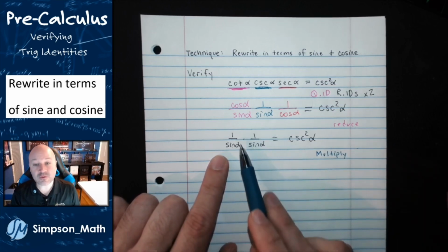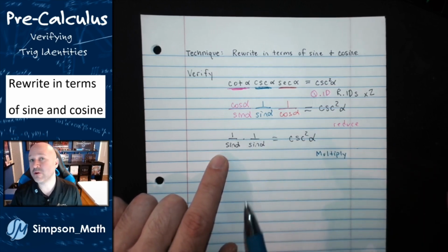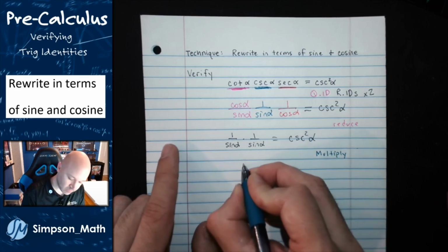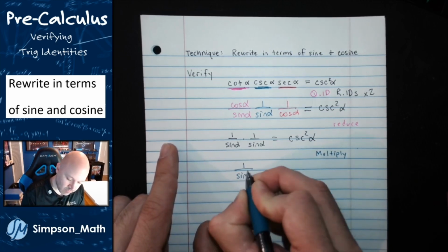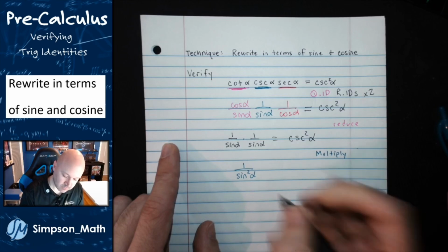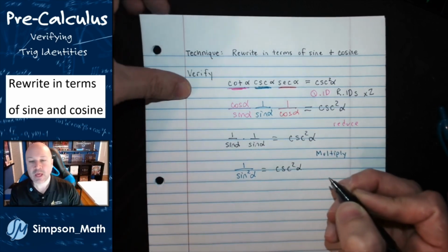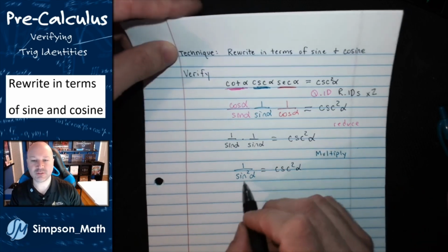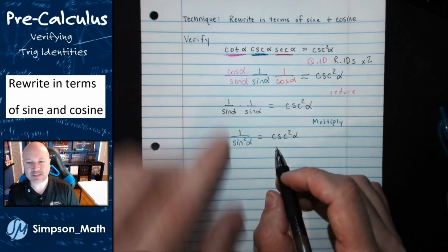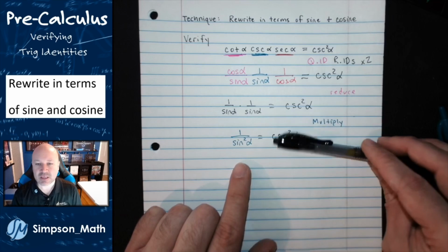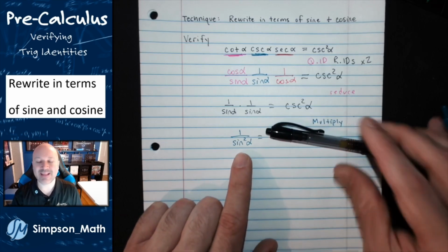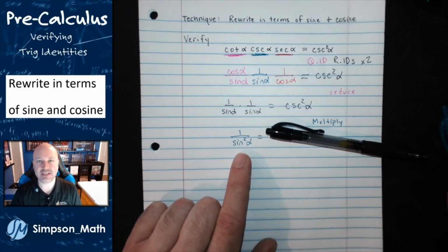So if you have 1 over sine times 1 over sine, you have 1 over sine squared. Now I wanted to show this because I have a lot of students that get confused by this next step. If you have 1 over sine squared, that is simply cosecant squared.